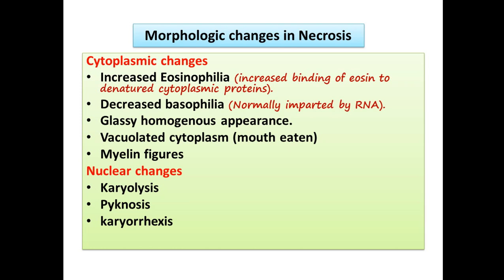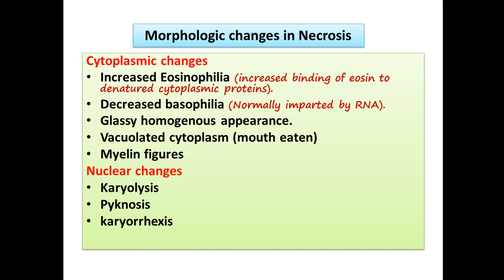In necrotic cell death, the cytoplasmic proteins are denatured and the eosin binds to these denatured cytoplasmic proteins, which gives a comparatively bright pink appearance.